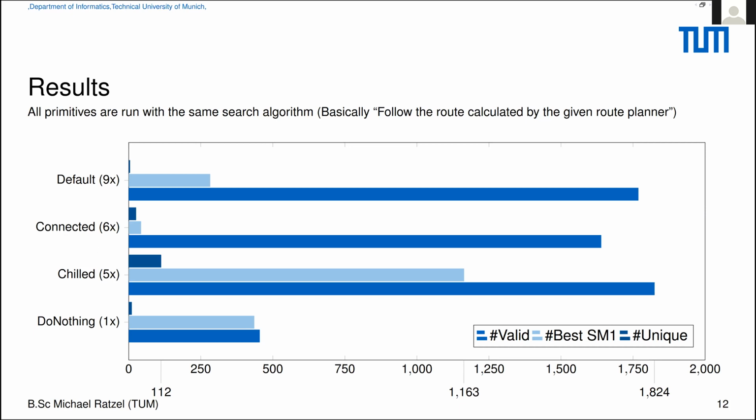And fun fact, it solved 455 of those over 2000 scenarios, and was quite successful regarding the SM1 cost function. So as you can see, even though the 9 provided motion primitives can produce a lot of valid scenarios, especially if you optimize for the best SM1 cost, the chilled motion primitives are quite effective.